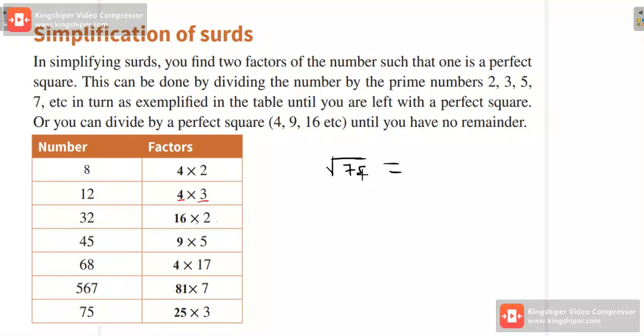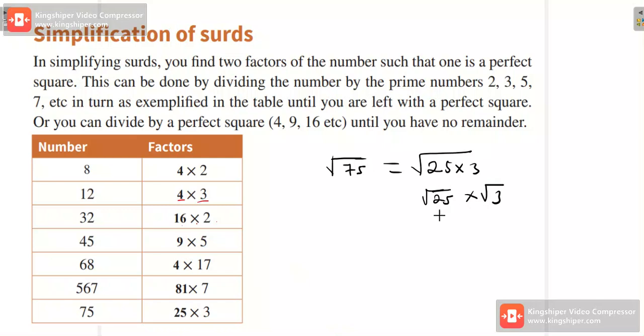So 75 can be written as 25 times 3. Then we can write the root of 25 times 3 as root of 25 times root of 3.